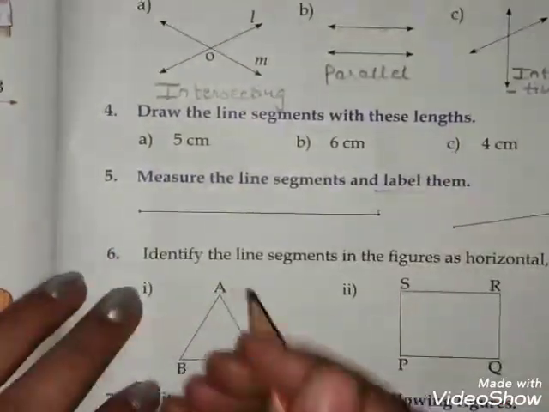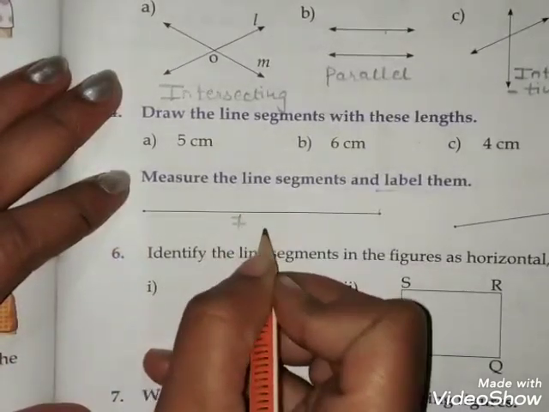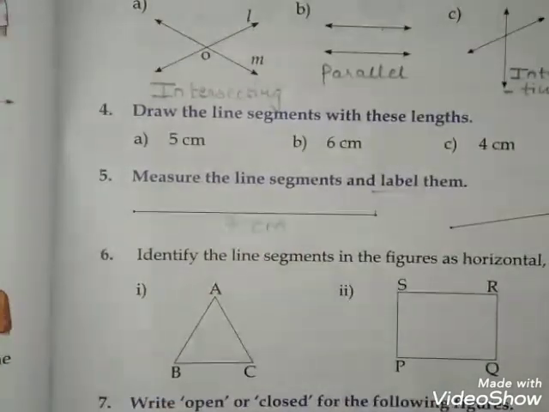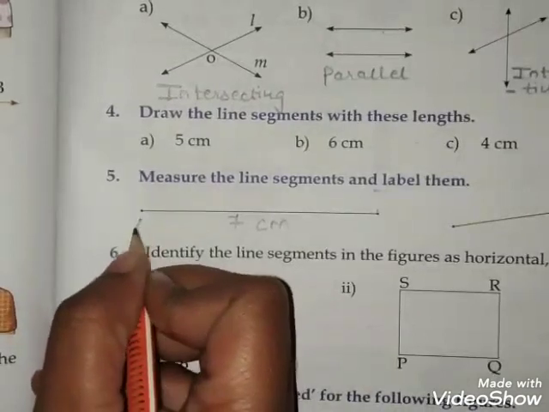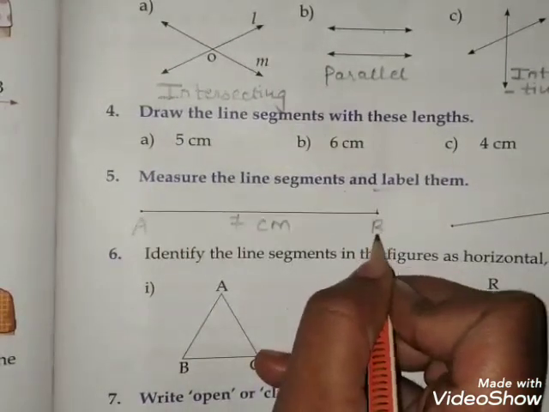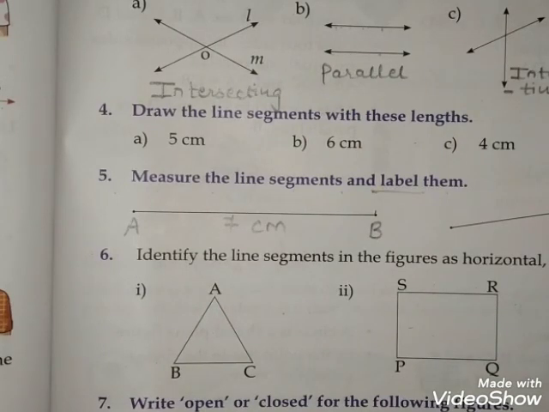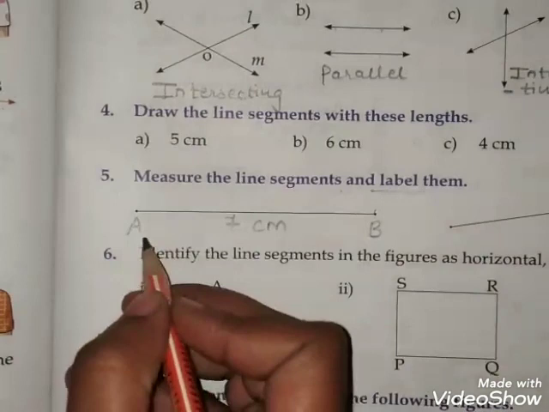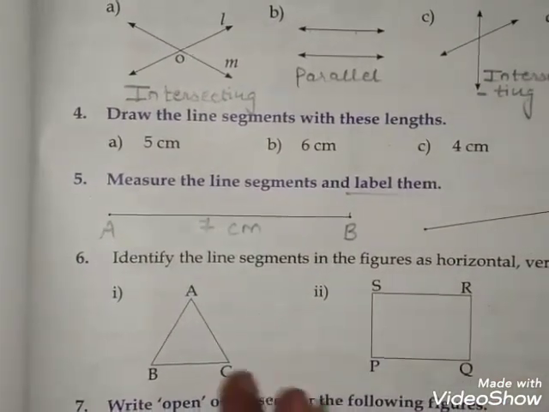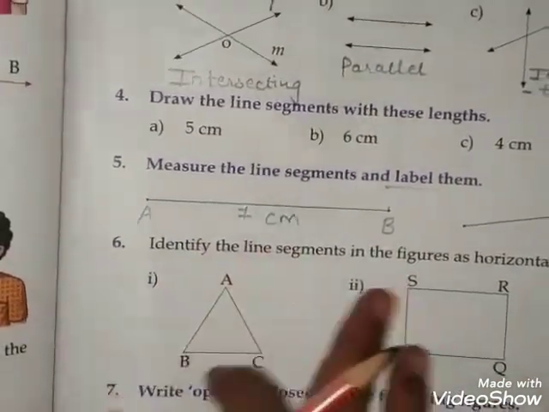So the length is 7 centimeter, and any name we can give, AB or PQ or XY. Any name of our own wish we can give, or any labeling we can do. So in this way the measurement of this line is 7 centimeter.